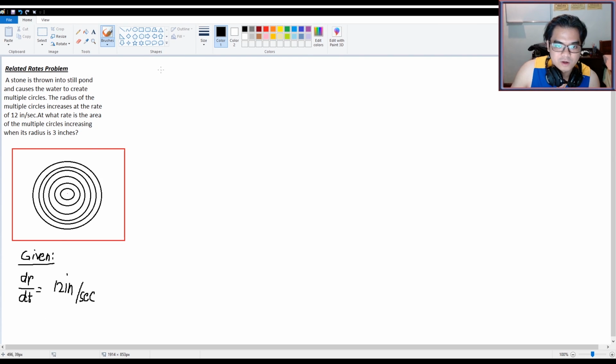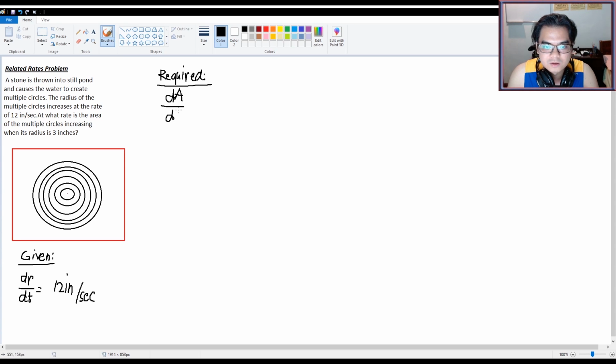Therefore, we are required to find the rate of the area, that is dA over dt, when the radius is at 3 inches, therefore at r equal to 3 inches.